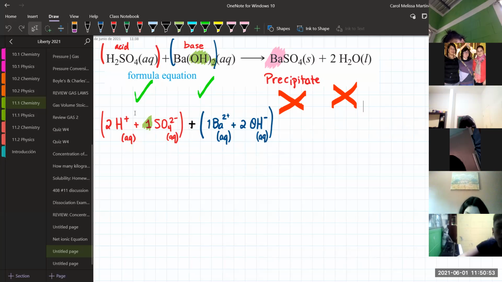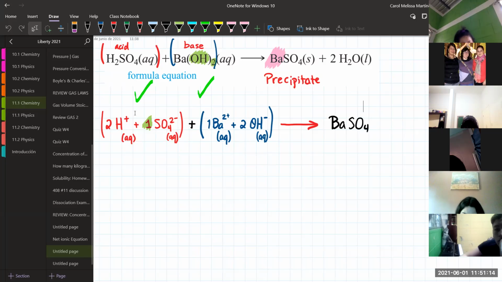Now we have the rest of the equation, that is the products part. In the products, I have my precipitate, which cannot be dissociated. So I'm just going to write it: BaSO4. I indicate that it's a solid.